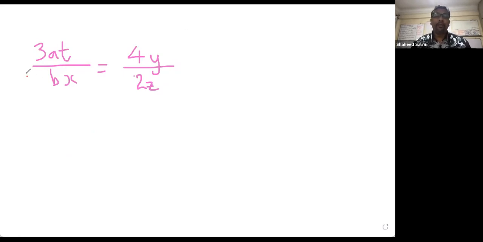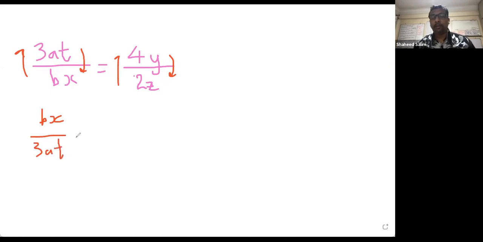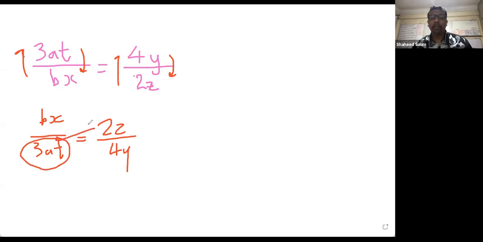So the first thing we do, flip. That's one way. So now you have bx. Automatically, I got the whole thing on top already. Can you see? Ingenious way, right? 2z over 4y. Then now I play seesaw. Because the x is on top, there's no x below. So how? This whole 3 I bring up.